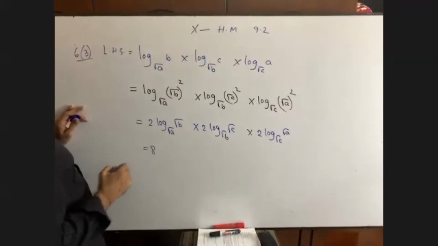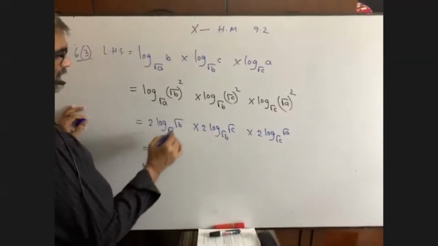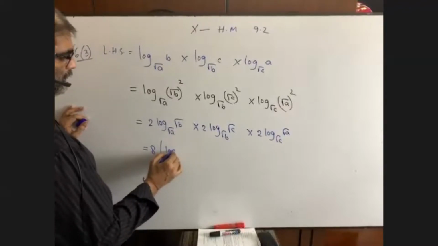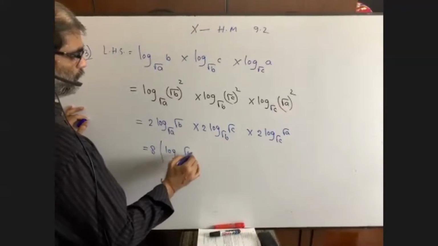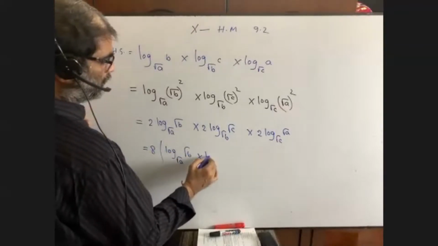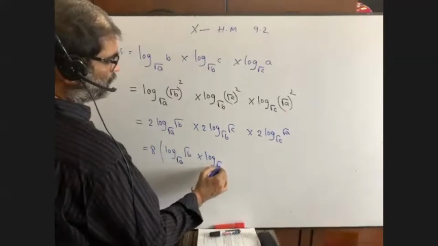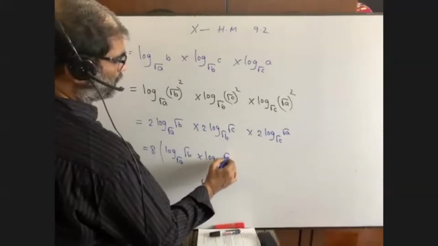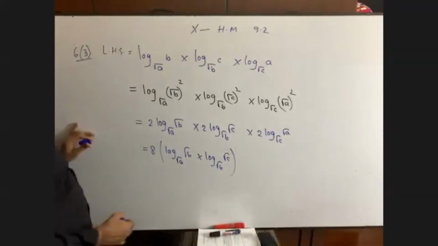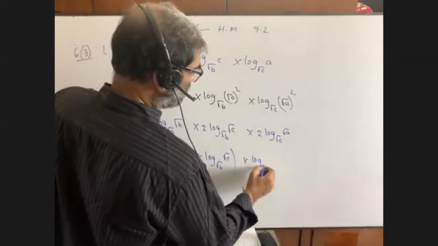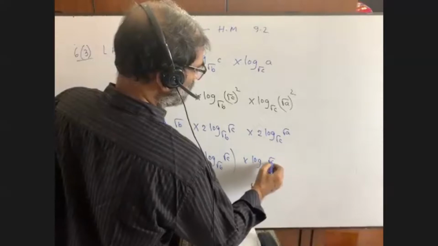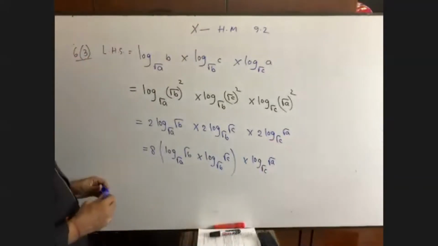8. Now you see, this can be written like this: log root A root B into log root B root C, now it is log root C root A. Actually, what I'm going to do, you see, please, all of you.